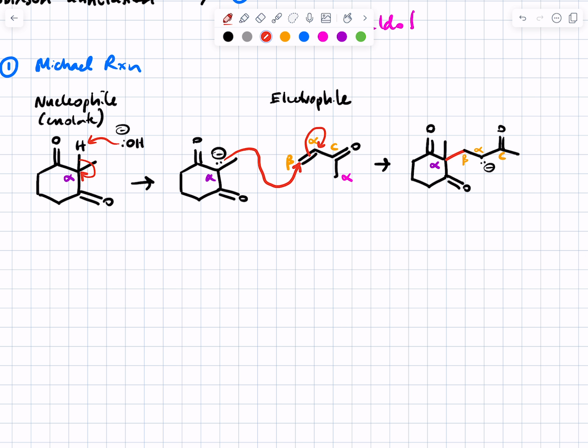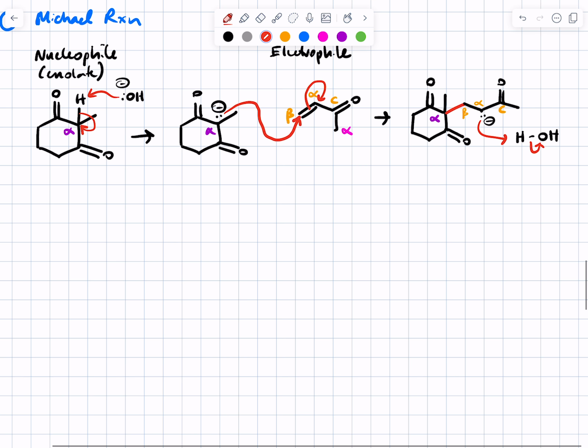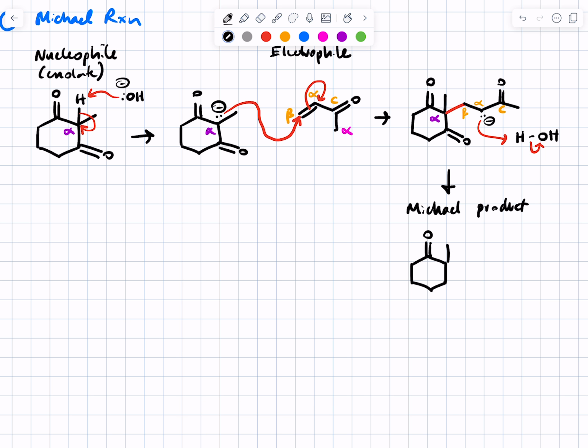And then the next step of the Michael reaction is we pick up a proton from the conjugate acid of our base, whatever that is. In this case, it's just water. And that will get us to the Michael product. We'll look at it and you'll verify that it in fact is a 1,5-dicarbonyl compound. Here's the alpha carbon of what was our enolate, here's the beta carbon of what was our electrophile.